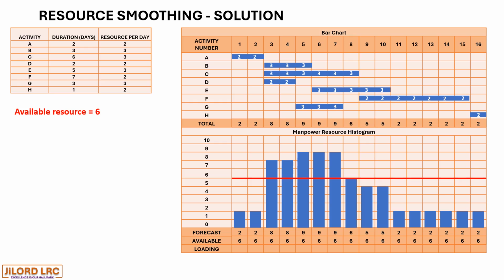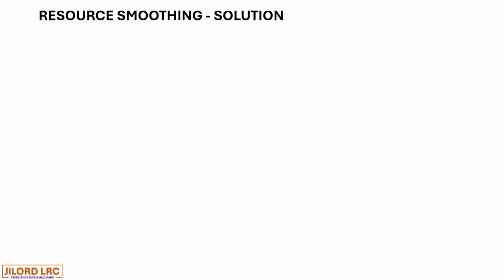There are several ways to do this, as we have 4 different activities with floats. It means these activities can be moved for us to have our resources smooth. So let's continue with the solution.